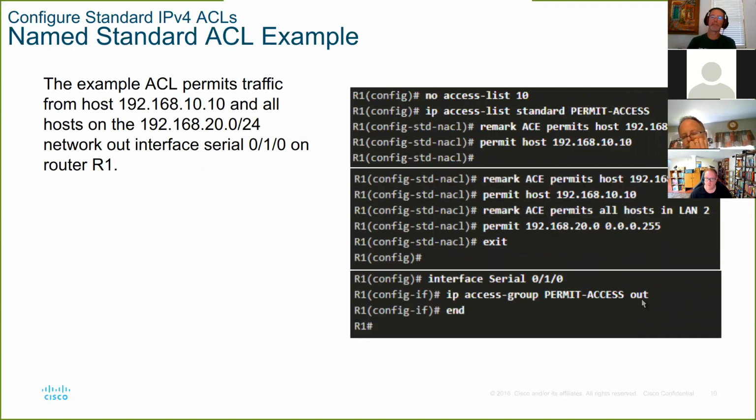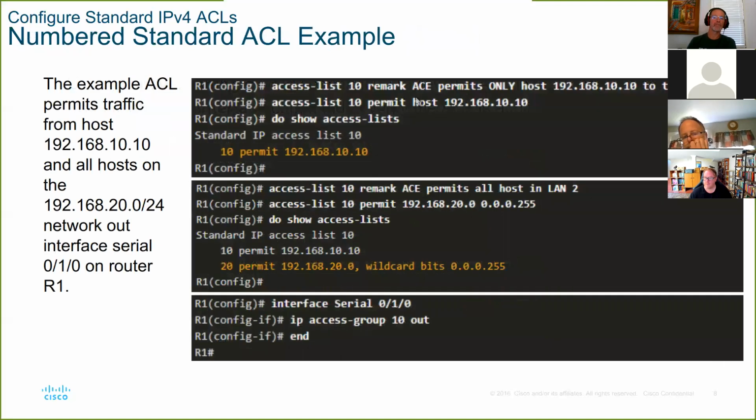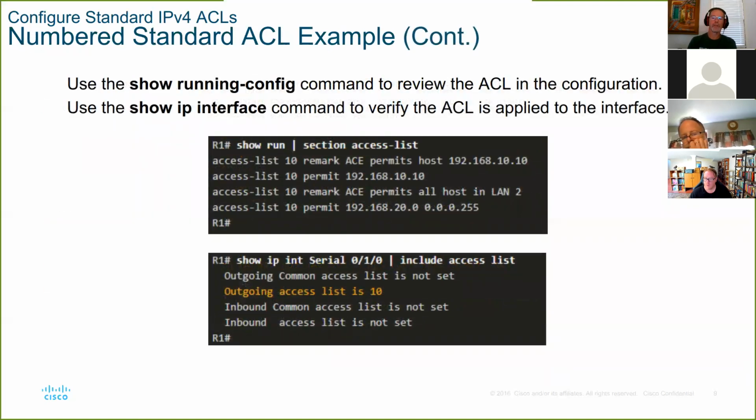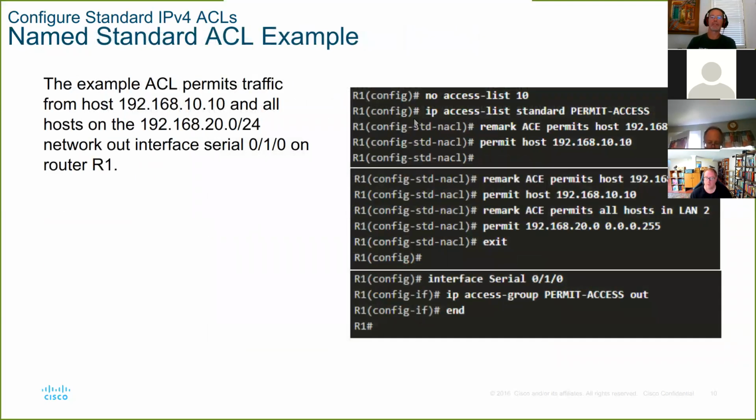Now it's applied. You'll see here the difference between configuring standard access lists, where everything just happens at global config. Every line is a global config command. Named access lists go into an access list subconfig mode.